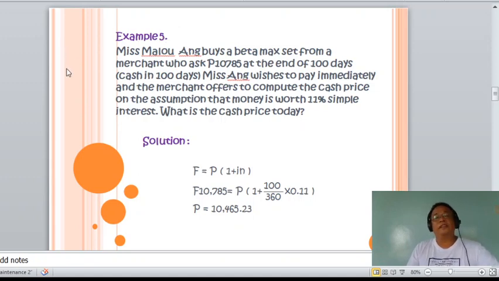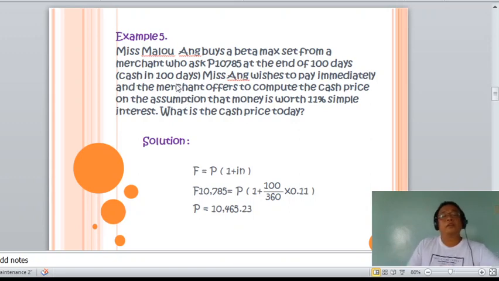Cash in 100 days. Miss Ang wishes to pay immediately and the merchant offers to compute the cash price on the assumption that money is worth 11% simple interest. What is the cash price today?